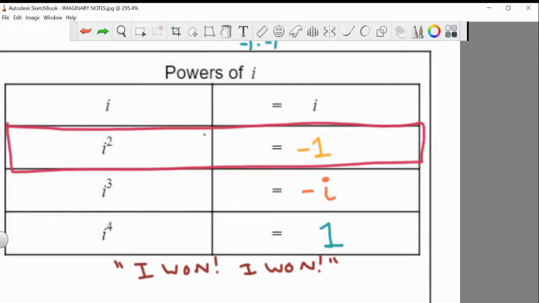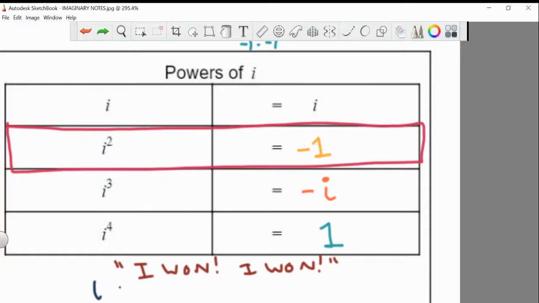If we have i to the 4th, i to the 5th would be i to the 4th times i. That makes i to the 5th, but i to the 4th is just 1. And so i to the 4th just kind of disappears. And so when we get to i to the 5th, it's really just a regular old i.